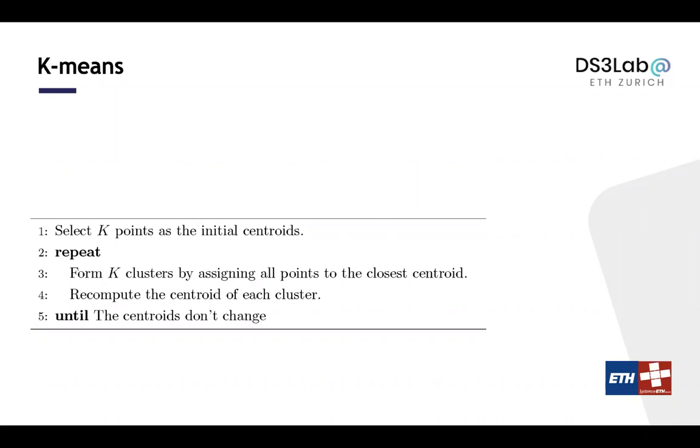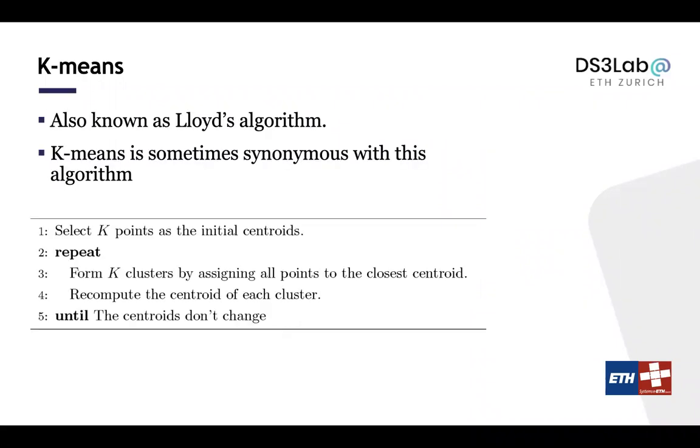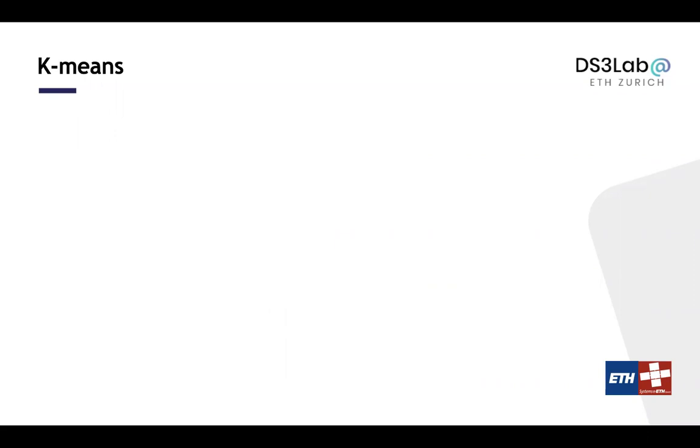Then you repeat the following steps: you assign all the data examples to the K centroids, and then you form K clusters. Then you recompute the centroid of each cluster, and you repeat until you converge. It's a very simple iterative algorithm, and when people say k-means algorithm, sometimes they just mean running this algorithm.